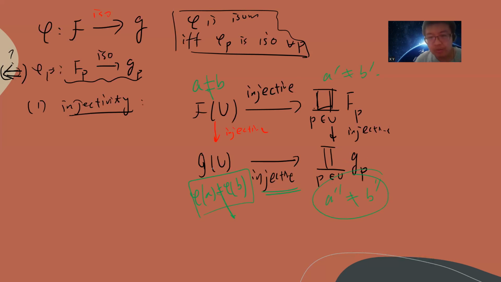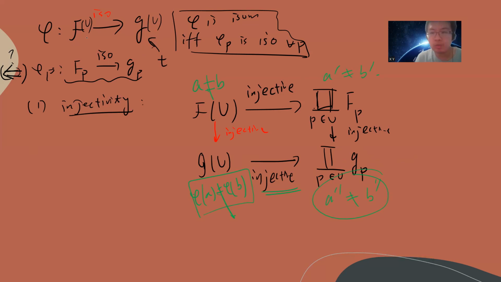Okay, so now we have this diagram. In order to prove surjectivity, I need to choose a section t of G of U, and I want to find a global section mapping to it.